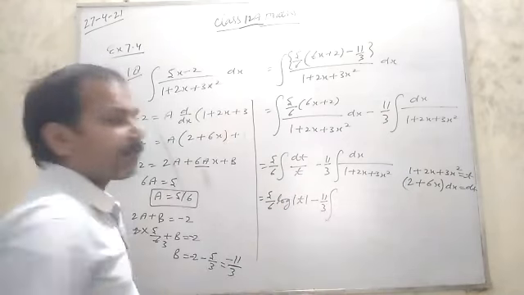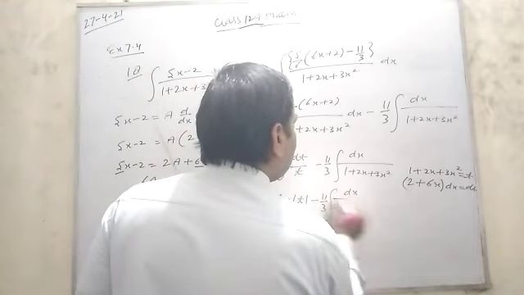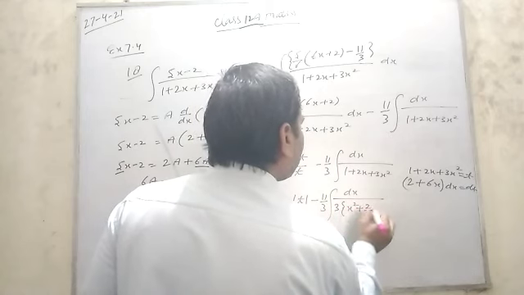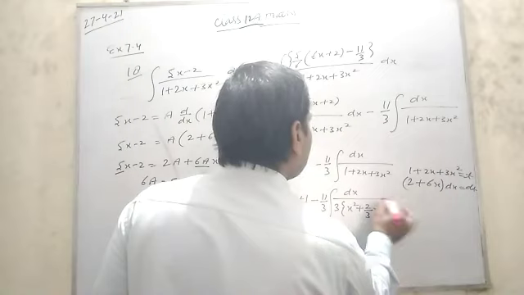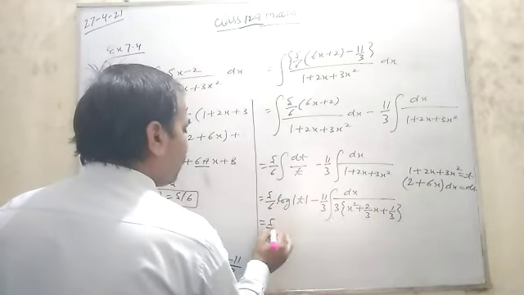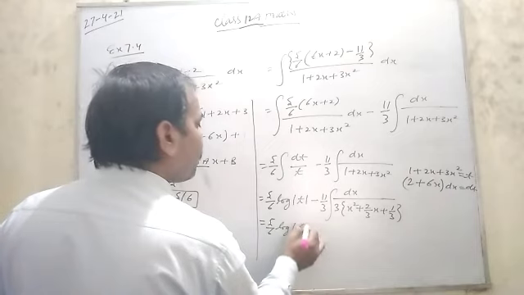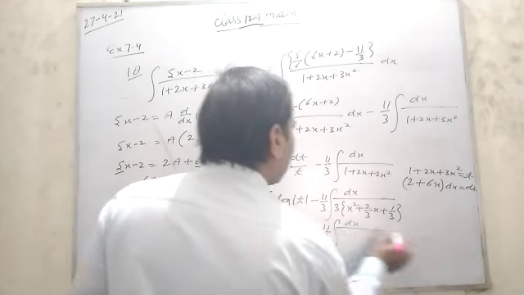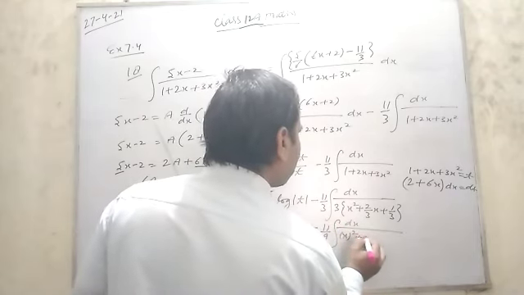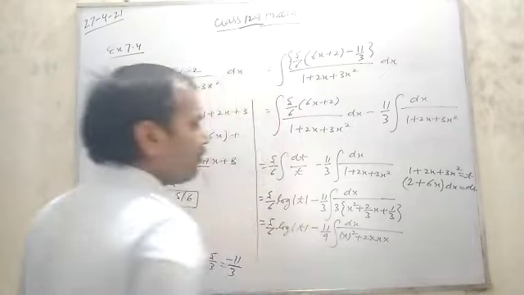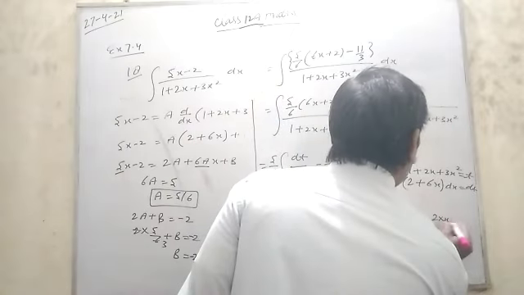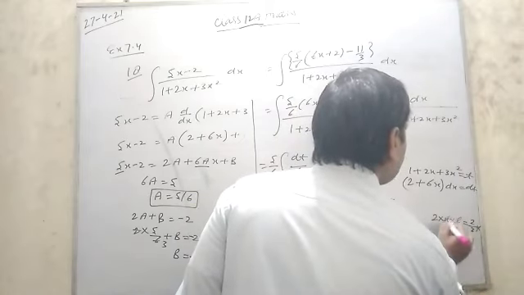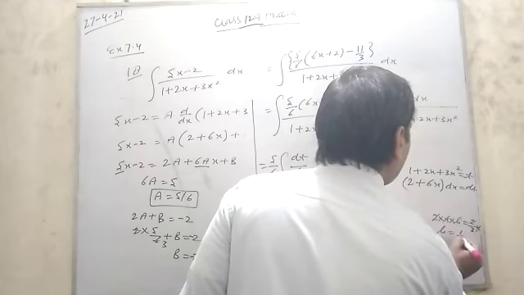Then use the completing perfect square method. So dx upon 3 you can take common: x square plus 2 by 3 x plus 1 by 3. So 5 by 6 log t value you put here, and this is 11 upon 9 dx upon, now you see a square plus 2ab. So 2 into x into b is equal to 2 by 3 x, so x cancels, so b is equal to 1 by 3.